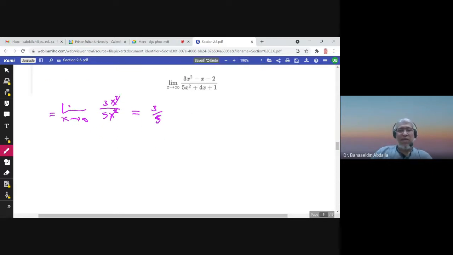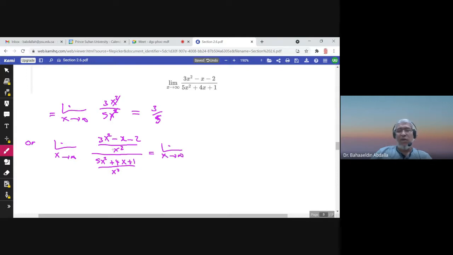Well, there is another way mentioned in the book. This method is to divide the numerator and the denominator by the highest power in the numerator and the denominator. So the highest power here is x squared. You divide the numerator and the denominator by x squared, and then you distribute.